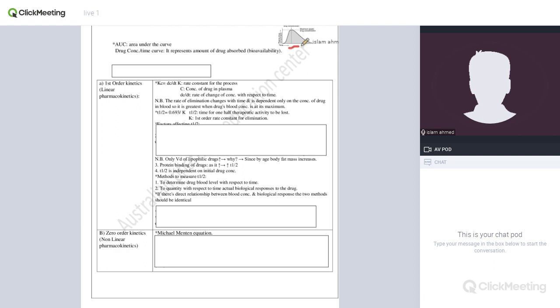Also, this is the definition of area under the curve too, so you have an imaginary picture of that. The area under the curve represents the concentration of the drug versus the time, and it can be used as a measure for bioavailability.